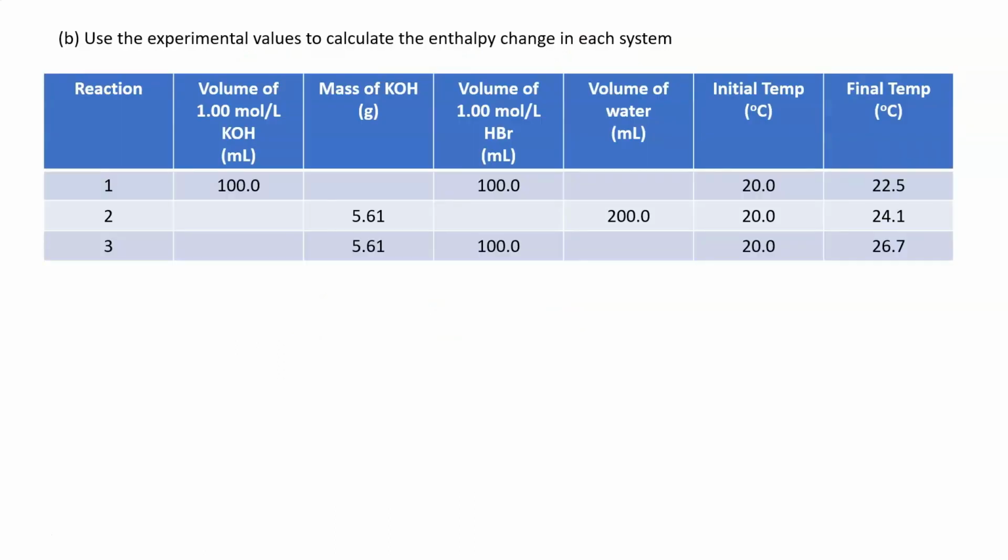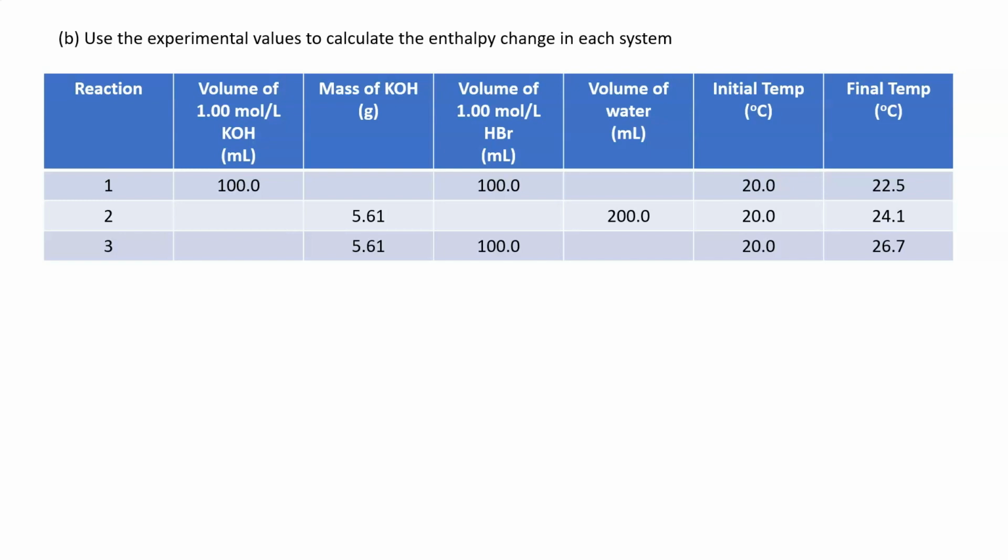I now use this information to conduct a number of calorimetry experiments where I'm going to combine solid or aqueous potassium hydroxide with my hydrobromic acid, or I'm just going to dissolve some potassium hydroxide in water. And I measured the temperature changes for each of these reactions or state changes.